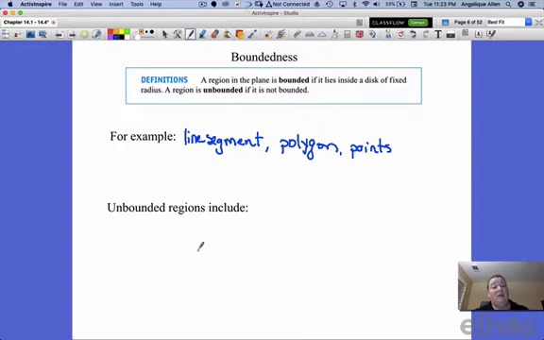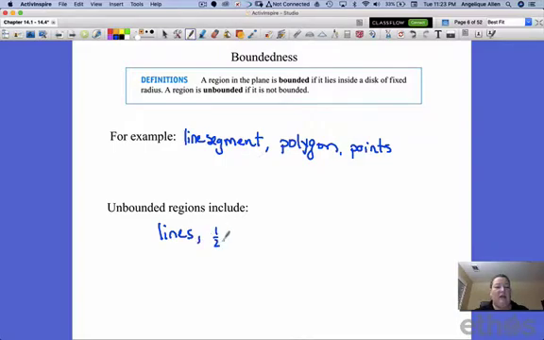But what are unbounded regions? What would those be like? A region is unbounded if it is not bounded. Isn't that the most ridiculous definition of all time? That's why I'm talking about this. So lines, of course, extend forever in two directions, so they couldn't be surrounded by a disk. What else?